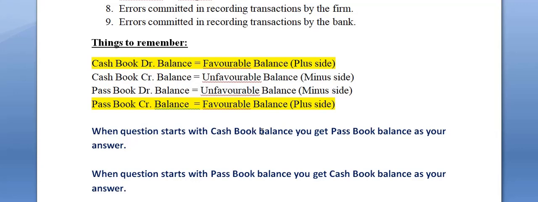Whenever you see this kind of message, you will be happy. Why? Because the money is being credited in your bank account. So whenever you deposit money in the bank, the balance will be credited in the passbook. But in the cash book, you will write it as a debit balance. So this is actually your mirror entry. It acts like a mirror in the cash book and the passbook.